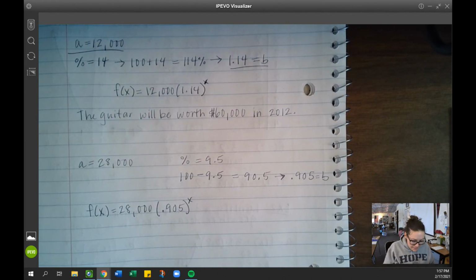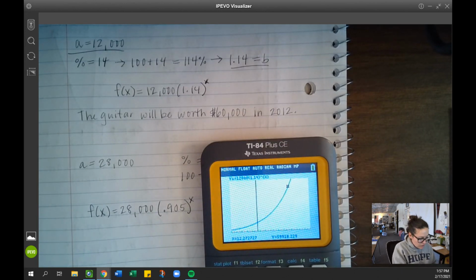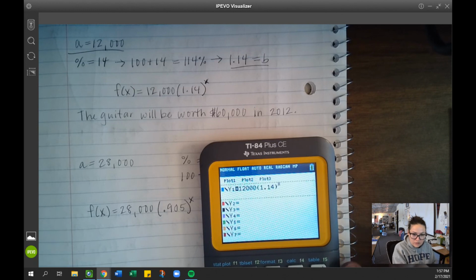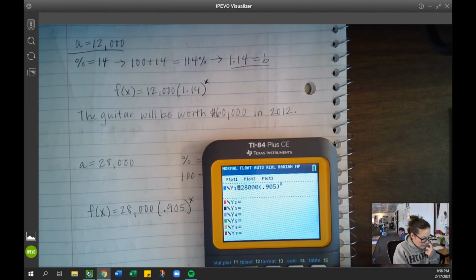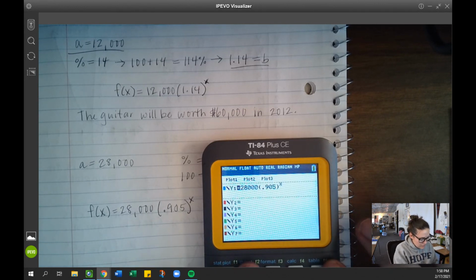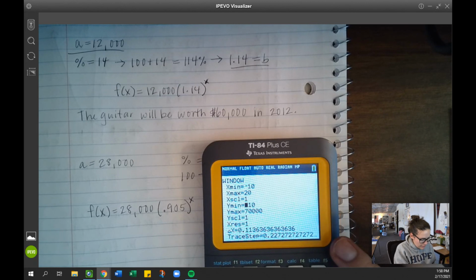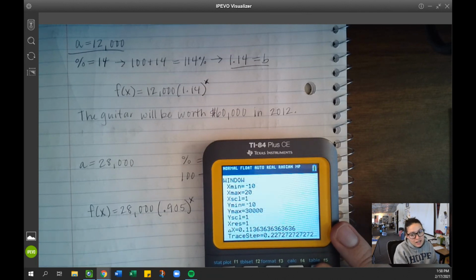Then the question asks, use the graph to predict when the value will fall below 5,000. So I type in 28,000 times 0.905 to the x. I'm going to change the window to like 30,000 because I know I'm starting at 28,000 and only going down from there.